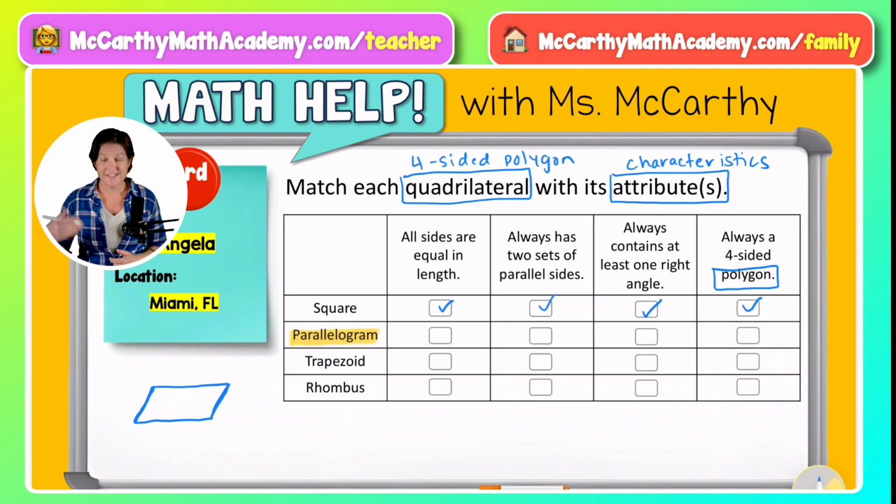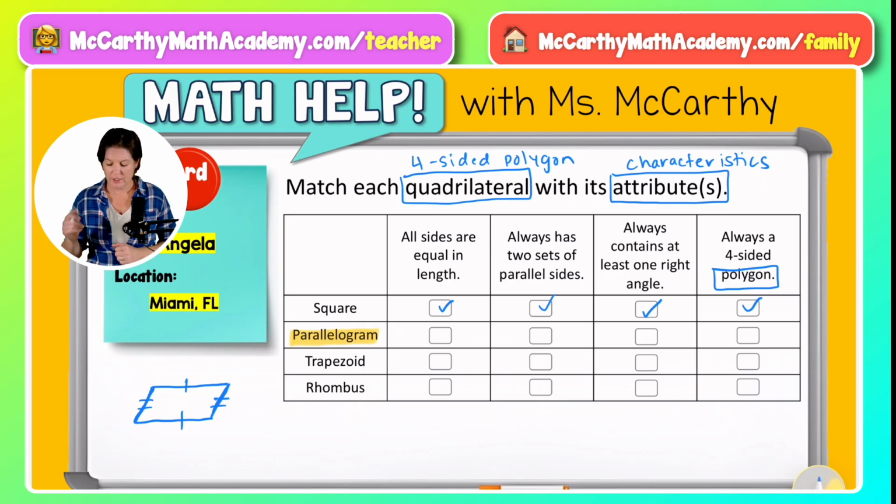Are all sides equal in length? No, a parallelogram does not have to have all sides equal in length. These 2 sides are equal and these two sides are equal, but all four sides do not have to be. They sometimes could be, but they do not have to be equal in length. So no, we're going to skip that one.